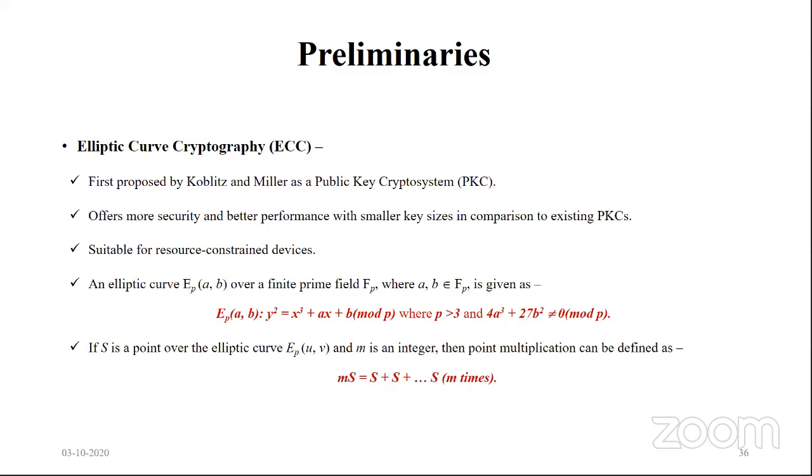So ECC was proposed by Koblitz and Miller as a public key cryptosystem, in which there is a private key and a public key of the client associated with the communication. The private key is known to the client only, and the public key is exposed to all the communicating parties.